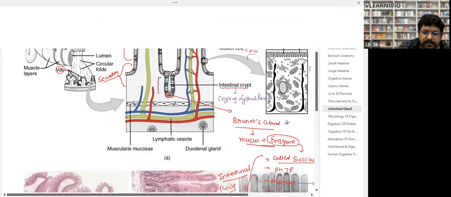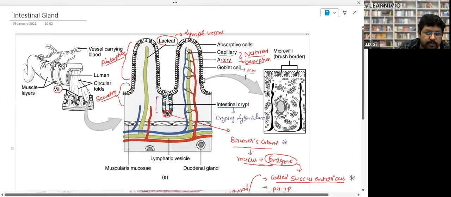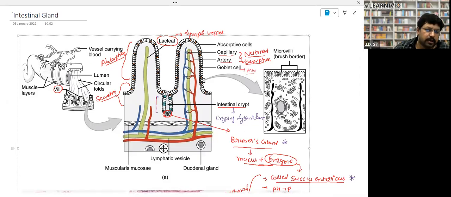Intestinal gland. Even the question I've been asked from here multiple times. Look, this is the intestine.